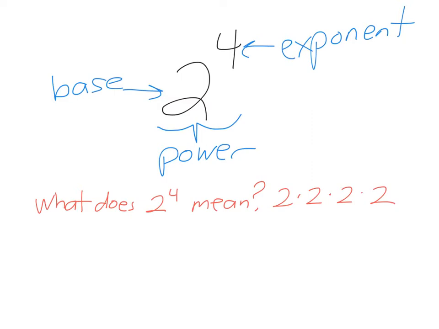Because you take the base, it's the base raised to the exponent, and the exponent's telling me how many times that you're going to multiply the base to itself. You know, remember, it's all about the base. About the base. It's no trouble.